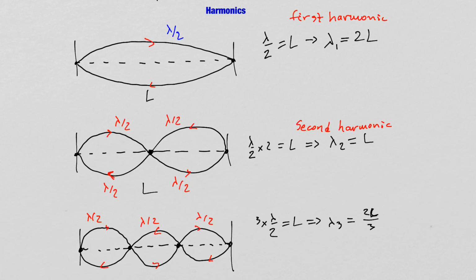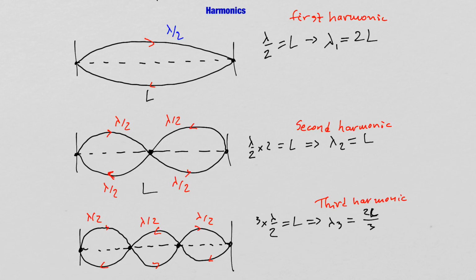And so this is the third harmonic. Similarly, the wavelength for the other harmonics can be derived, but now I have enough information to derive a general rule for calculation of the wavelength of all harmonics.